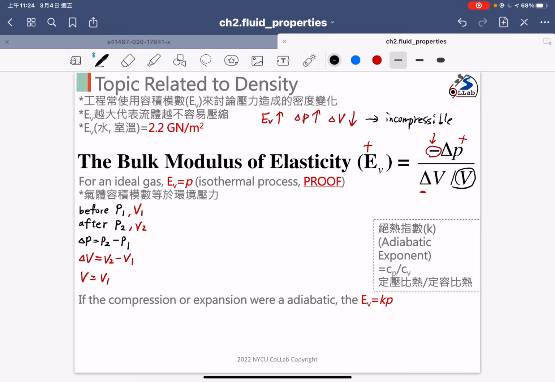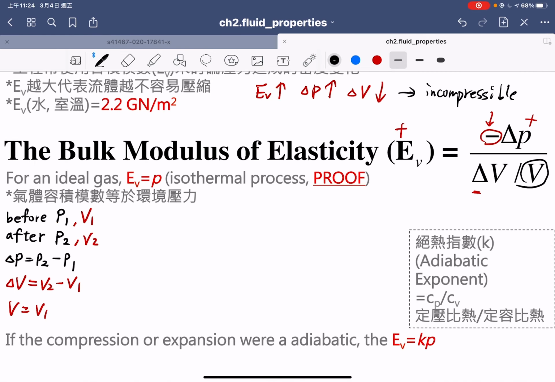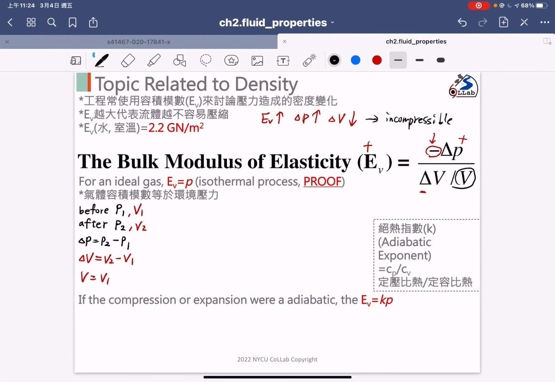Okay, but for the gas, for ideal gas, the bulk modulus will equal the environmental pressure. So this is under the isothermal process. Please prove why the E_V is equal to P. The environmental pressure is equal to P2, right?